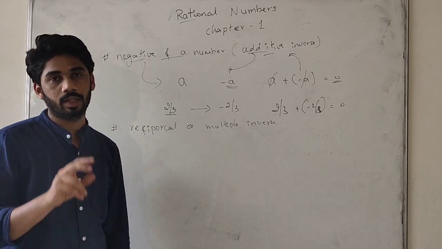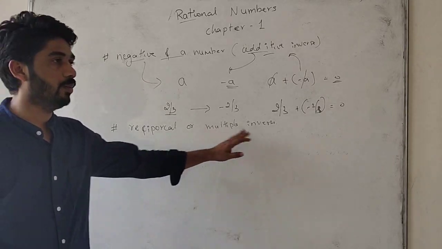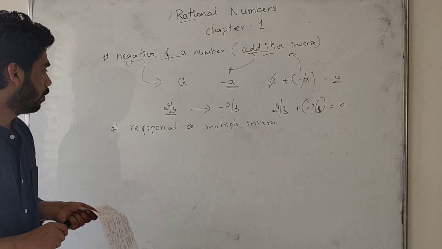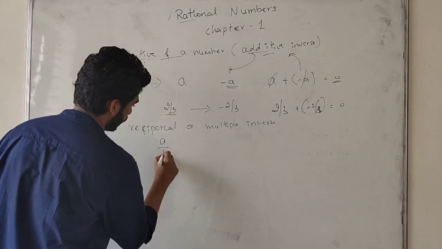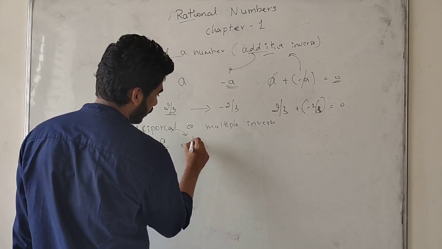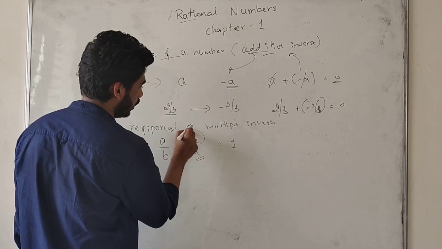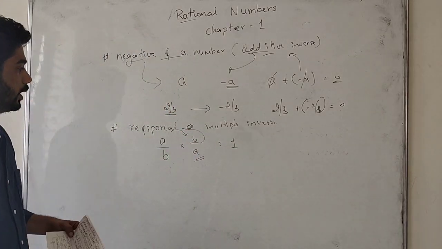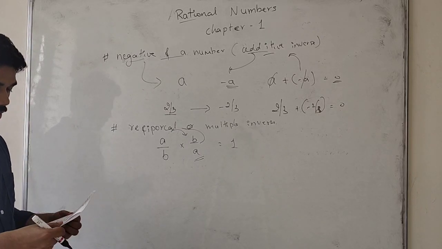It is nothing but a rational number; if we invert it, we call it a reciprocal or multiplicative inverse. For example, take a by b. We take its reciprocal, that is b by a. So reciprocal is nothing but if we invert the number, we call it the reciprocal of a number.